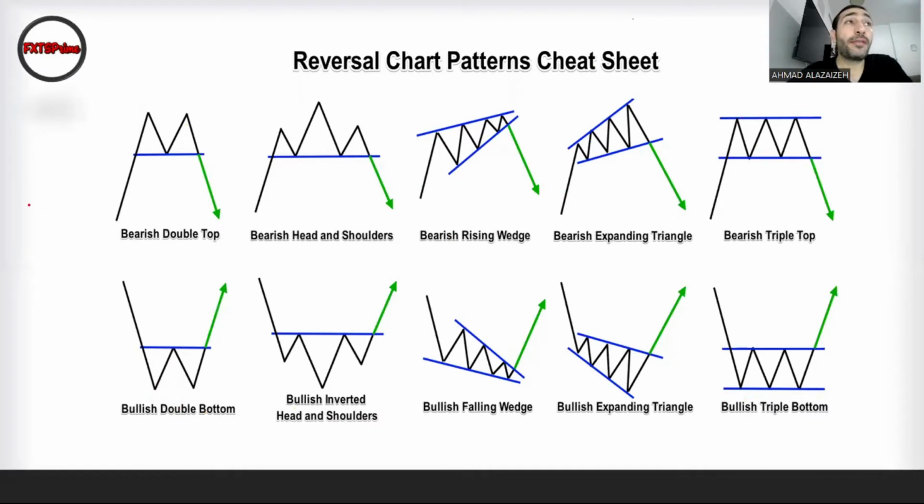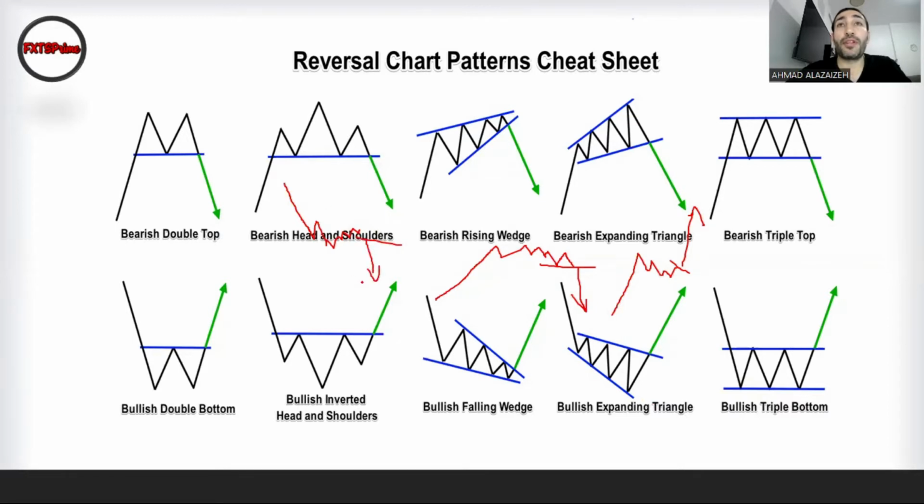You have a trend, for example, going up, then you have the pattern, then a breakout here, then a reversal. So previously, when we discussed the continuation pattern, it was either the trend going up or down, then continuation, then a breakout, then continuation, uptrend, or coming from the top, continuation pattern, breaking and going down.